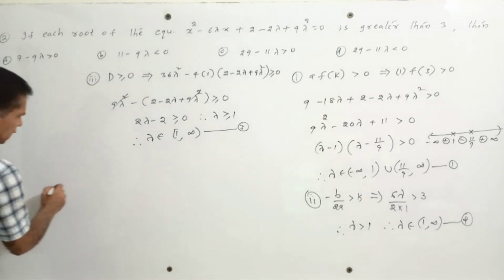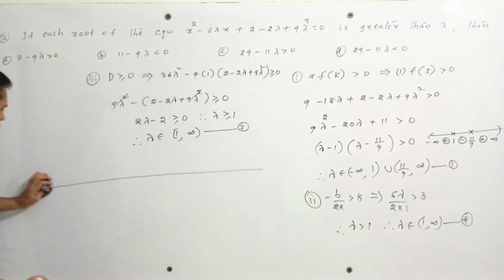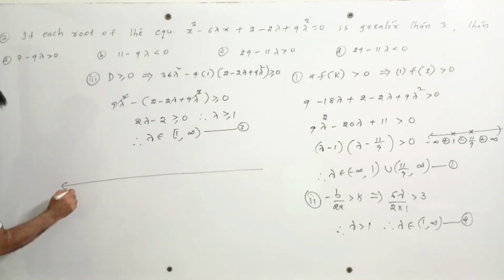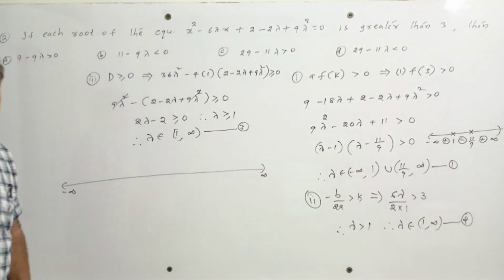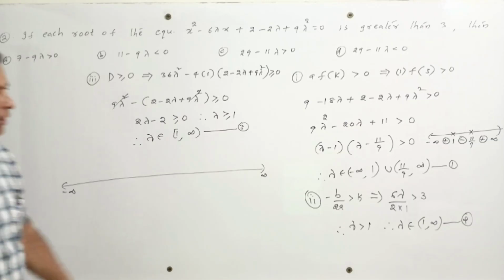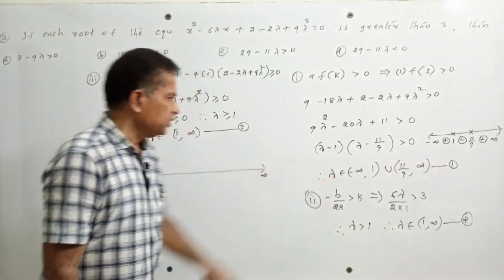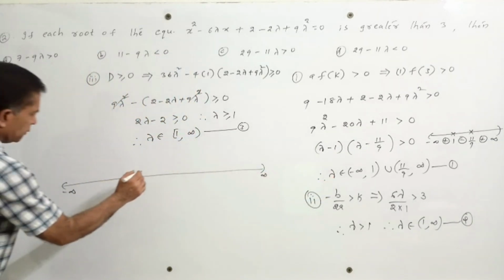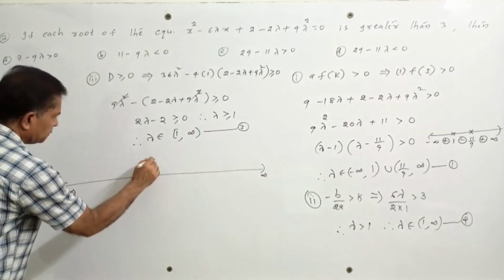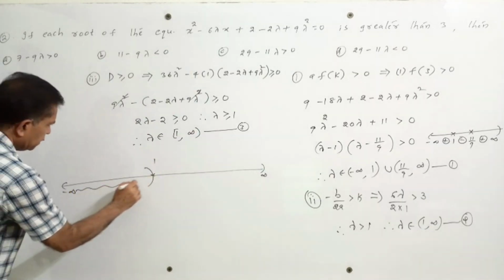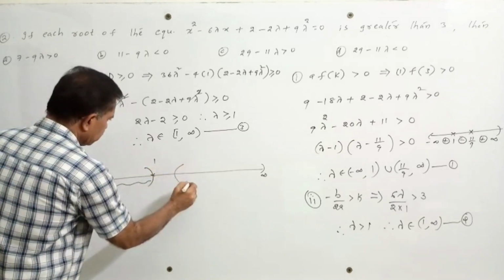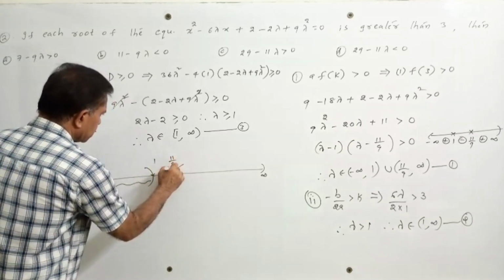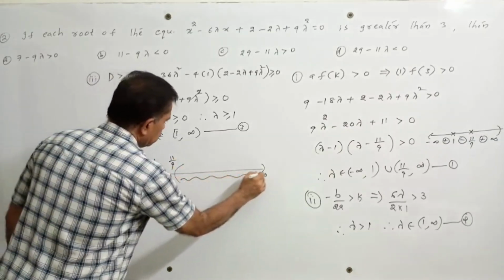Let us consider the real line, from minus infinity to plus infinity. So the first inequality is valid if lambda lies in the interval minus infinity to 1. Say this is 1. It is valid in the interval minus infinity to 1. Again it is valid in the interval 11 by 9 to plus infinity.